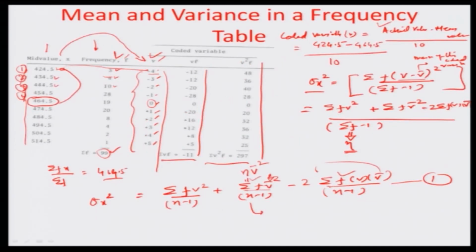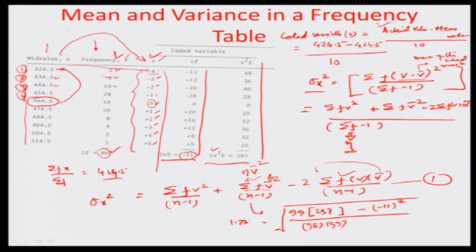So you can simply substitute these different values, 99 being n, times of 297 minus of the minus 11 sigma f v whole square, divided by n times of n minus 1, whole under the root, and so the standard deviation of the distribution comes out to be 1.737. So having said that, in a very simplified manner, by using less computations, you are able to calculate the standard deviation of this particular distribution.